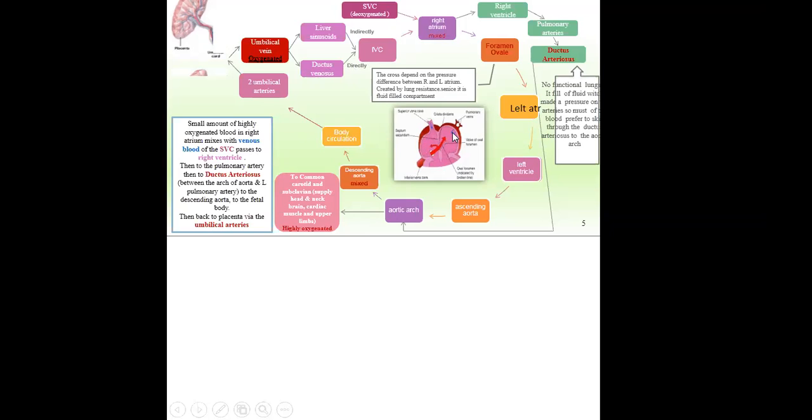So the first coming blood, which is highly oxygenated, will come to the left atrium through the foramen ovale. Then from the right atrium to the right ventricle to the pulmonary artery, and through the bypass, the ductus arteriosus, it will come to the descending aorta, because there are no functional lungs.